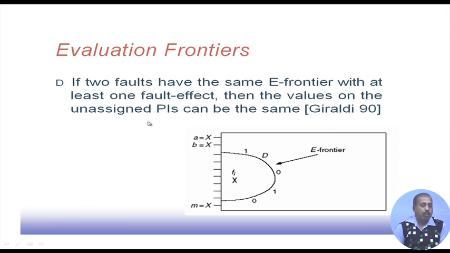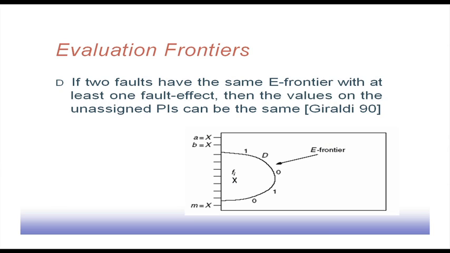Another way of speeding up this test pattern generation process is the evaluation frontier. It says that the evaluation frontier is like this. Say for a particular fault Fi, suppose at some point of time we find that this is the evaluation frontier, that is, these lines must be set to these values: this point 1, this point D, this point 0, this point 1, this point 0, and these are the inputs that need to be assigned to some value.